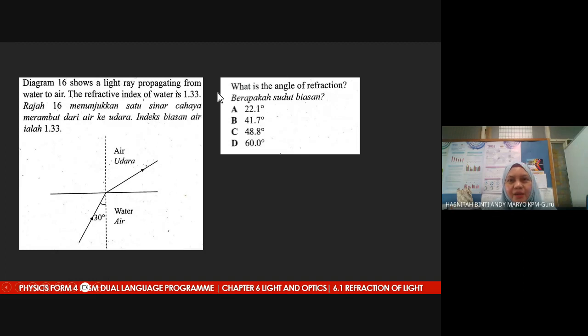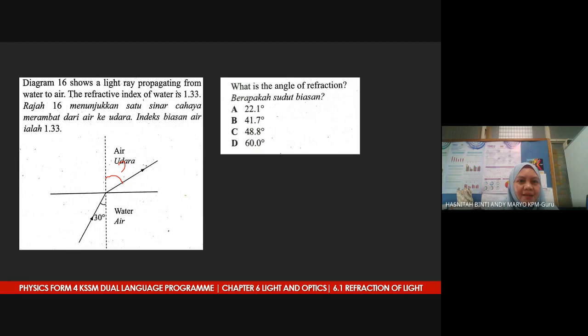In this question, you have to find the angle of refraction. Which angle are we looking for? Find the angle here. What is the angle there? Is it 22.1, 41.7, 48.8, or 60.0?